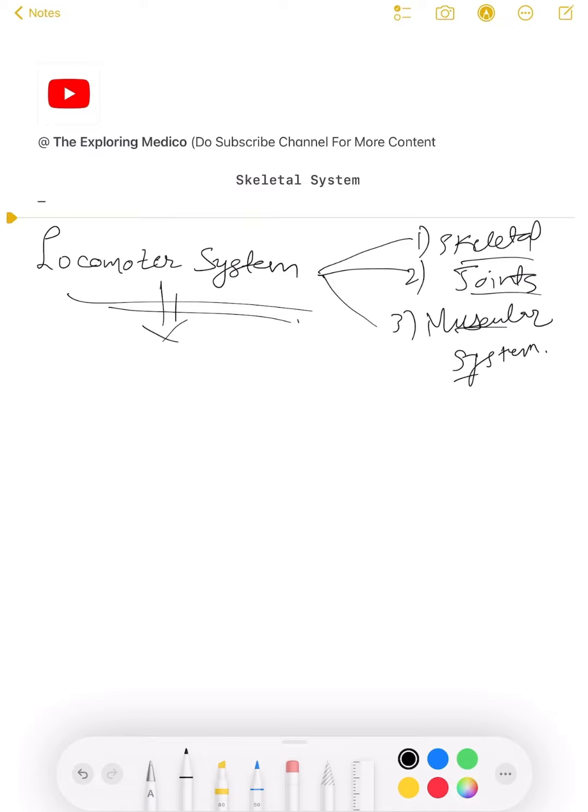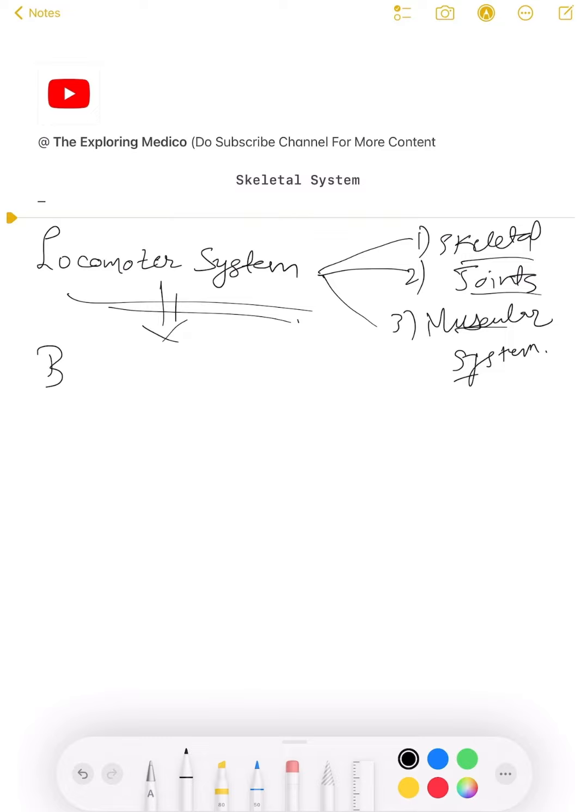And what is this locomotor system comprised of? Sometimes it is asked in the viva, or sometimes even as a 1 mark question in various paramedical courses or even medical courses like homeopathy, Ayurvedic, MBBS. That the locomotor system is comprised of what?